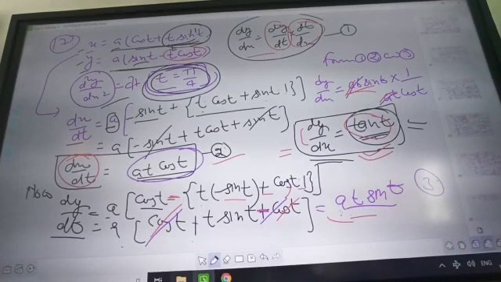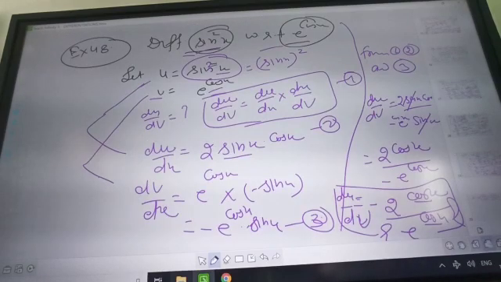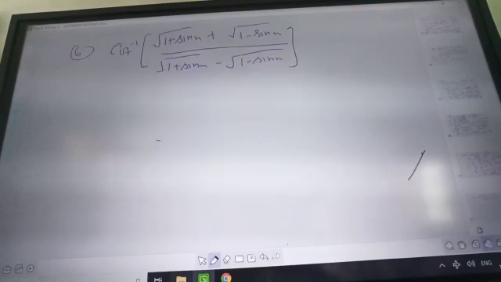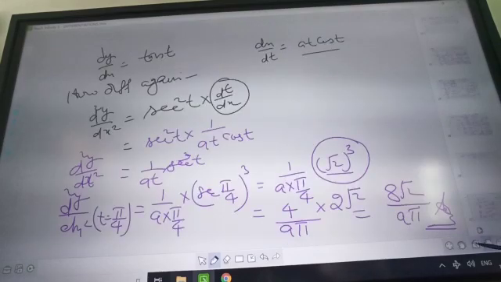I think we have not calculated that part. Let's wait. Yes, okay, the slide is there.